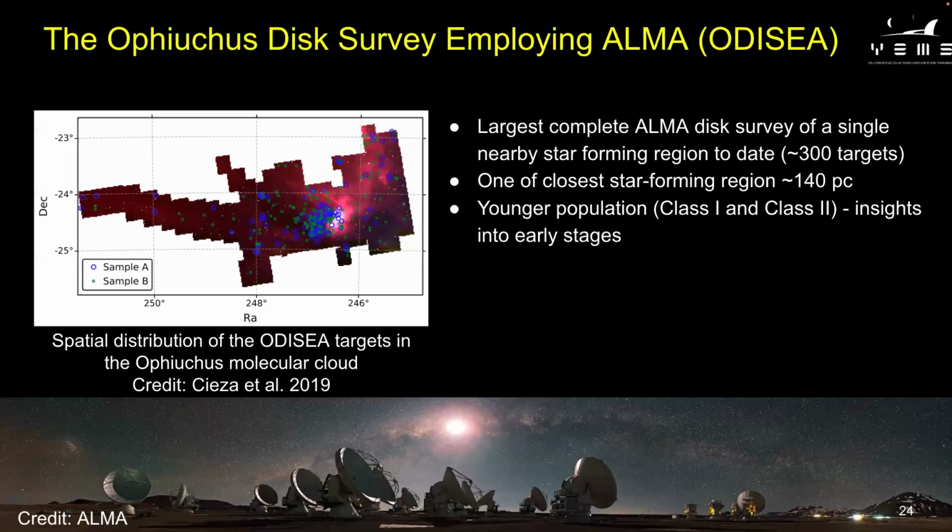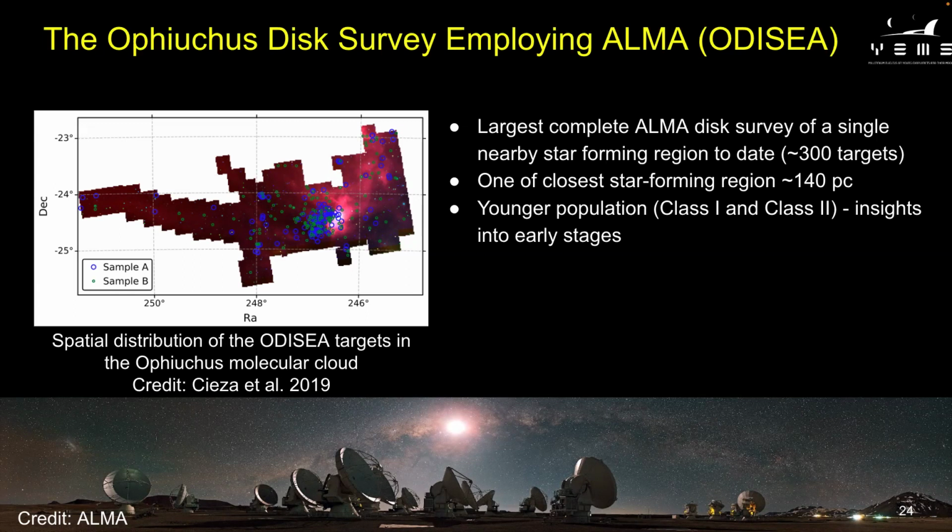So ODISEA actually is the largest, I would say, complete ALMA disk survey in the closest star forming region. So within about 140 parsec, and there are a total of 300 targets. But when we look at the 4 millijansky to 30-40 millijansky limit of flux, then we have about 100 disks.